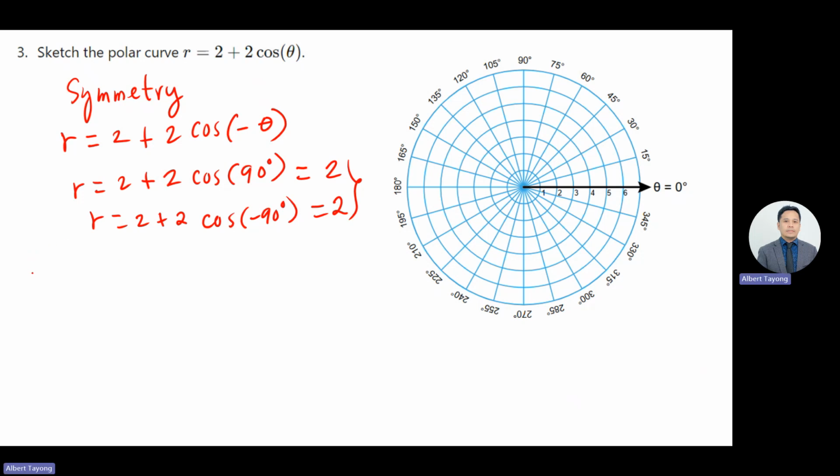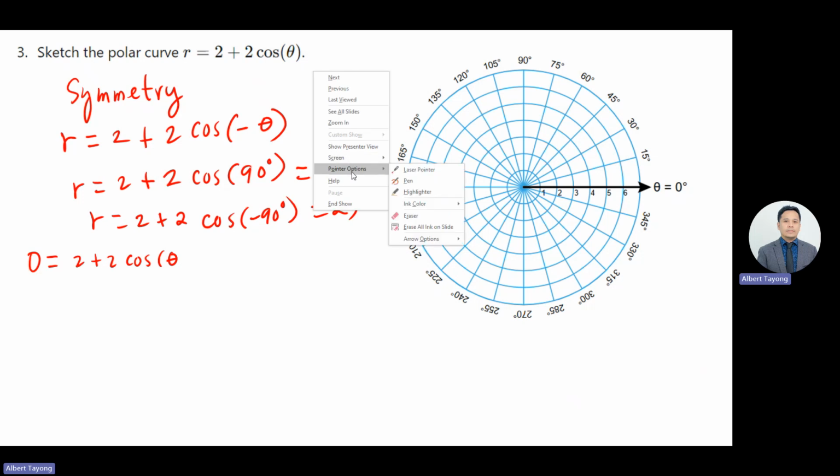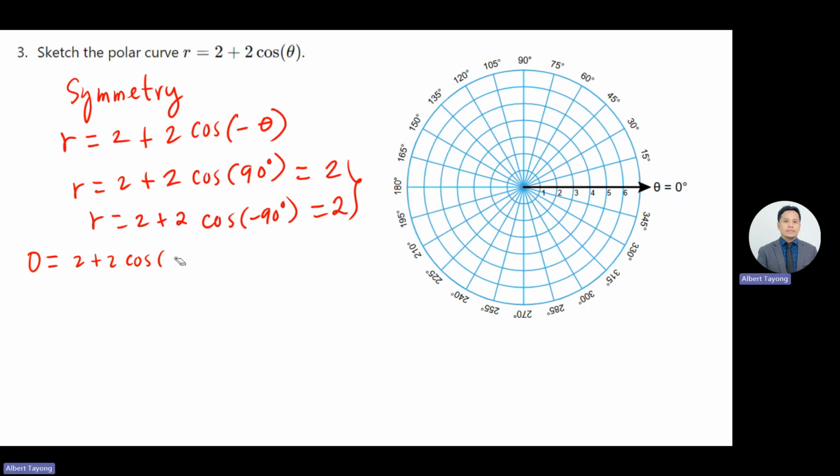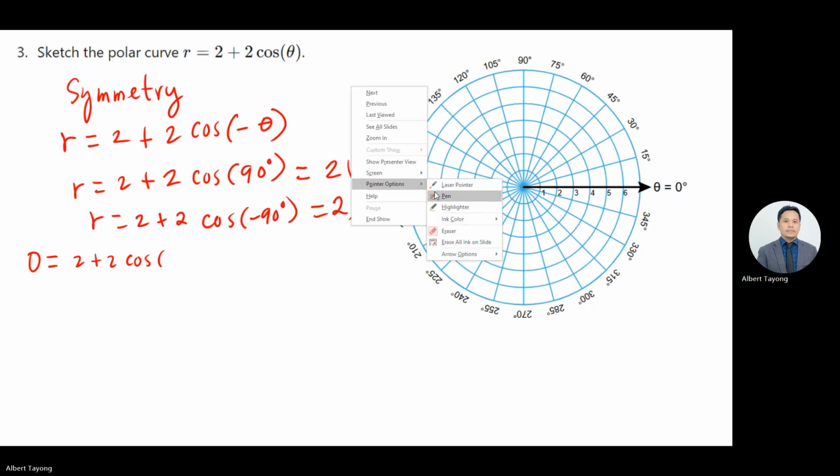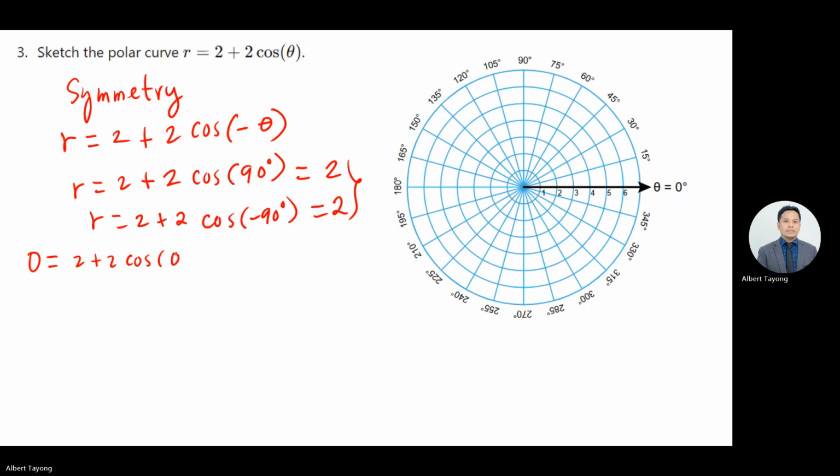Okay, if we're going to graph, now, starting with theta equals 0, we're going to find our r. So using the calculator, you're going to have 2 plus 2 cosine 0. Here are cosine theta. We can change this directly to 0. The answer here is actually 4.